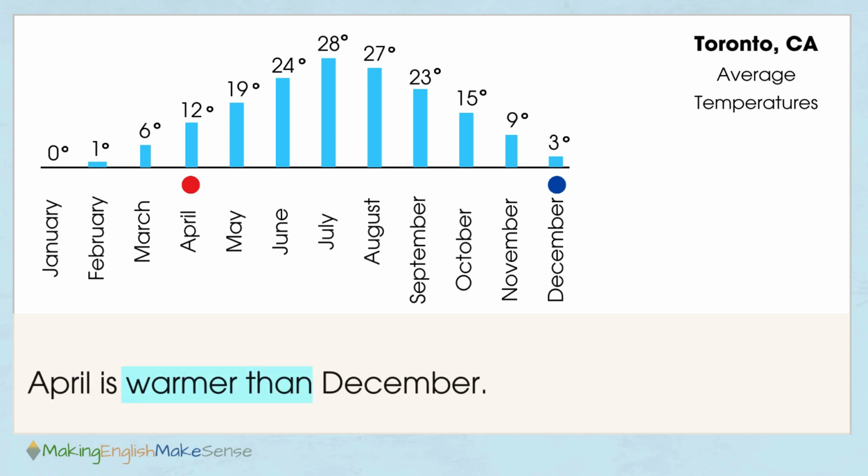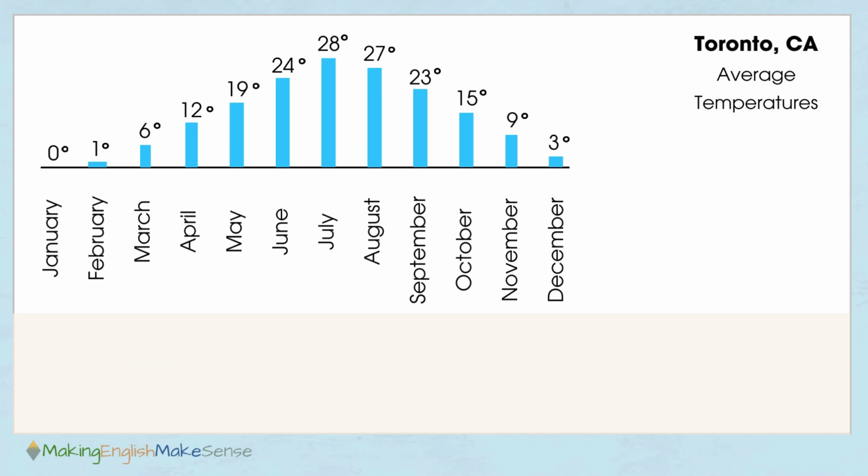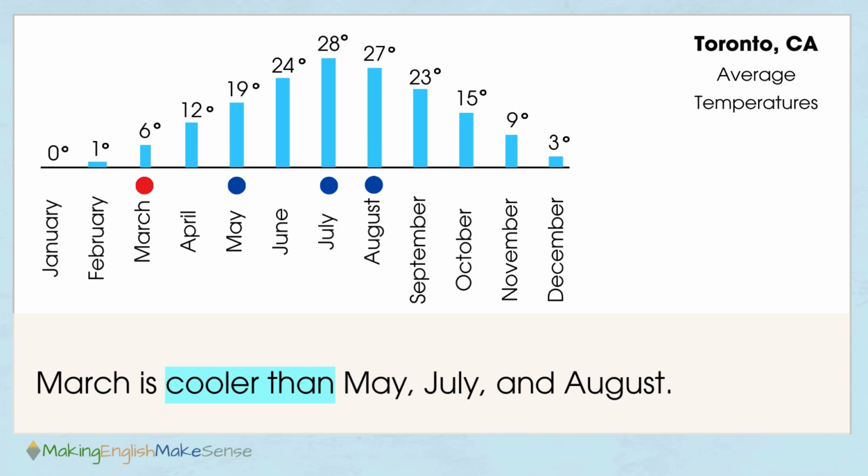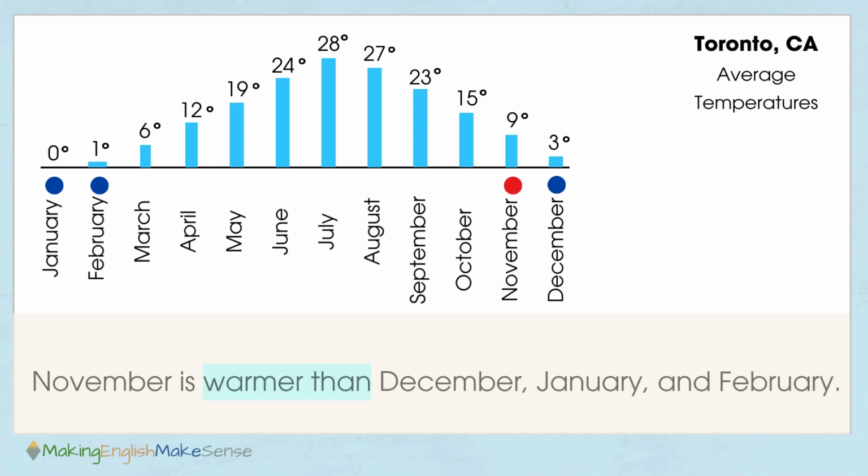For example, April is warmer than December. Or I can use it to compare the temperature of a month to multiple other months, like March is cooler than May, July, and August, or November is warmer than December, January, and February.